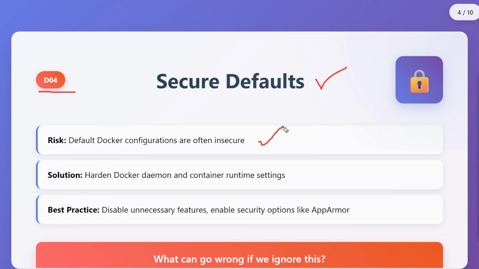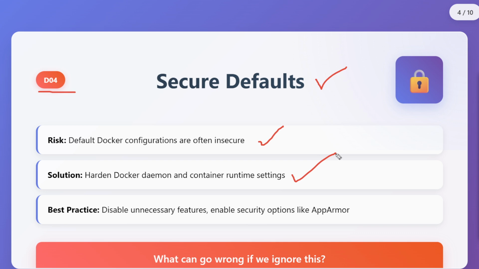This means many features are enabled that may not be needed, and that could be exploited also. So that is the associated risk with secure defaults. And the associated solution for this is that we need to harden the Docker daemon and container runtime settings.